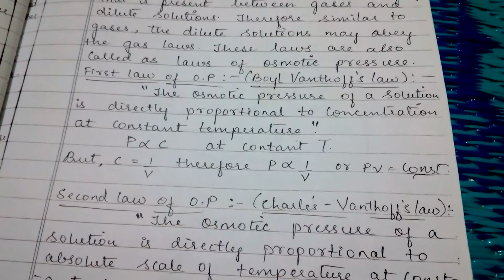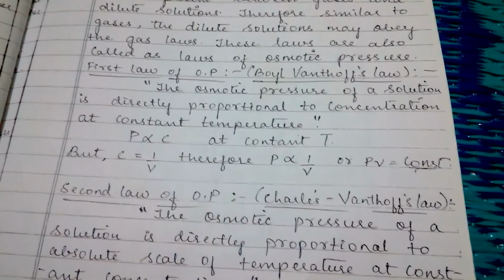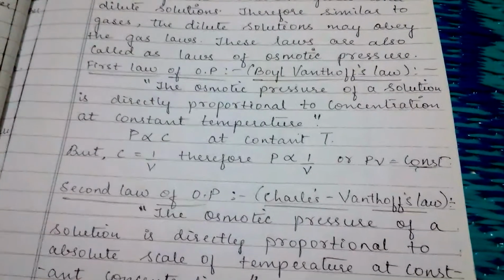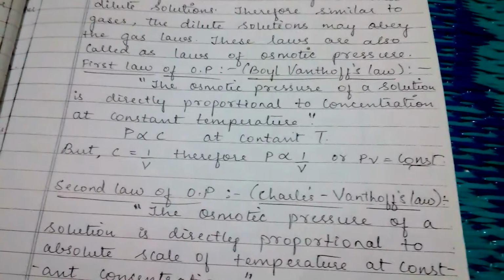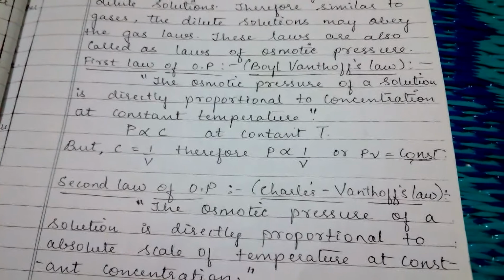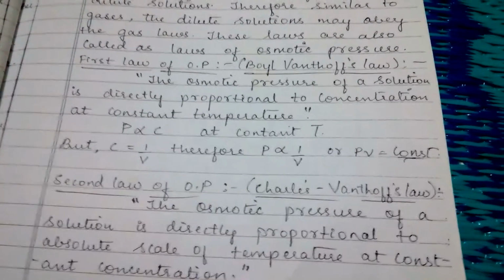The law states that the osmotic pressure of the solution is directly proportional to the concentration at constant temperature. That is, P is directly proportional to C at constant temperature. But C is equal to 1 by V. Therefore, P is directly proportional to 1 by V, or PV is equal to constant.